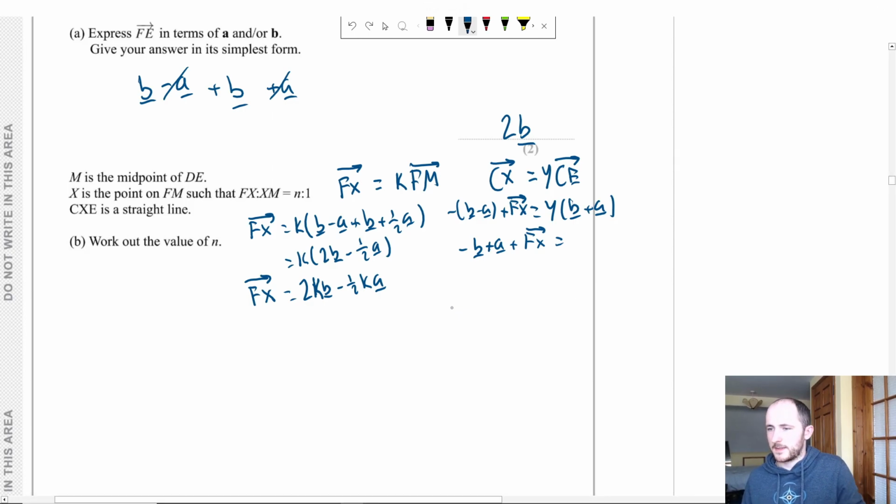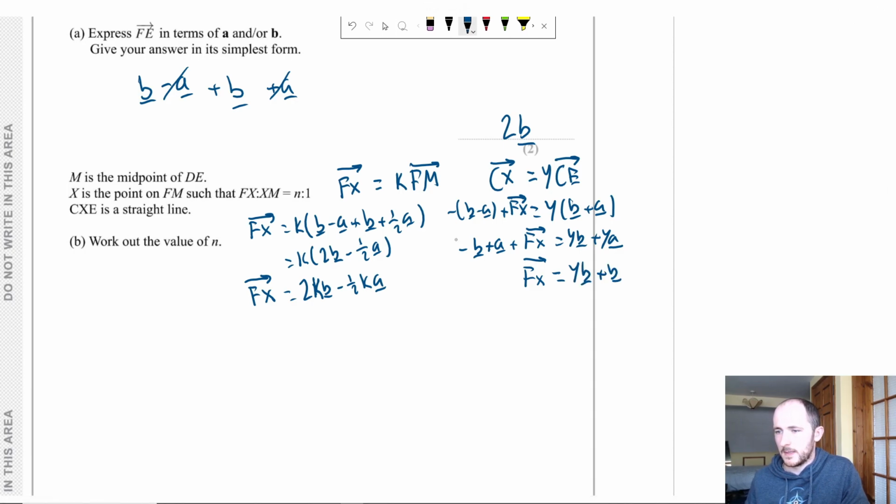Let's write the y first, actually. I'm going to move everything that isn't f of x onto the other side. So I'm going to put the b's together, so that'd be yb plus b. And then it'd be ya minus a, right?